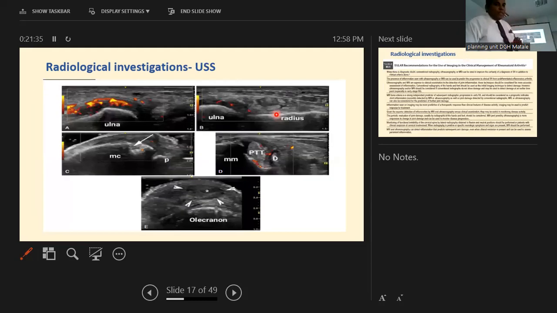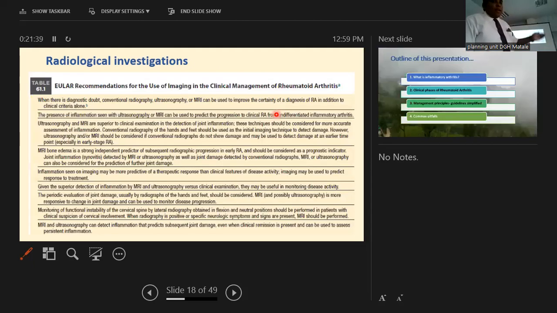And as I mentioned, ultrasound is a useful investigation. And because of this, now there are recommendations coming up on the use of imaging in rheumatoid arthritis. The summary is that you can use ultrasound and MRI in radiological diagnosis. In fact, it's superior to clinical examination alone.